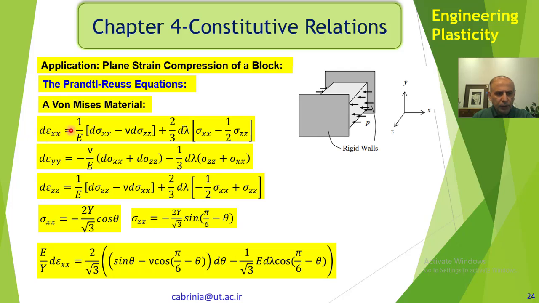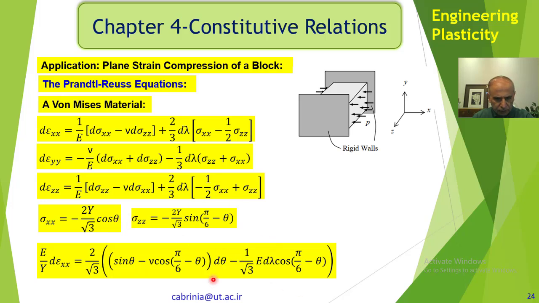From here you can see that if I substitute for sigma XX here and differentiate, then I get a d theta in here for this one.